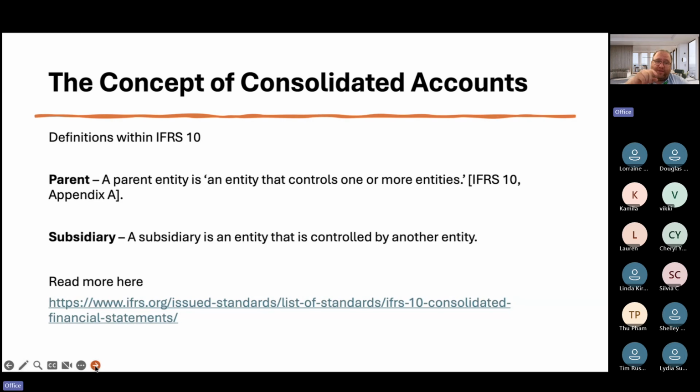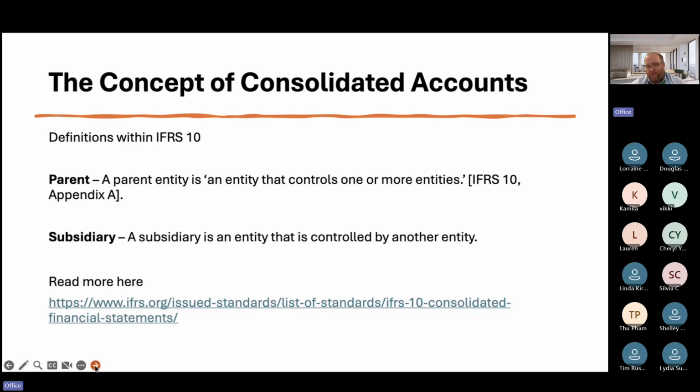So generally speaking, it's only a subsidiary if you own 50% or more of the ordinary shares in that company. Otherwise, you wouldn't consolidate it.